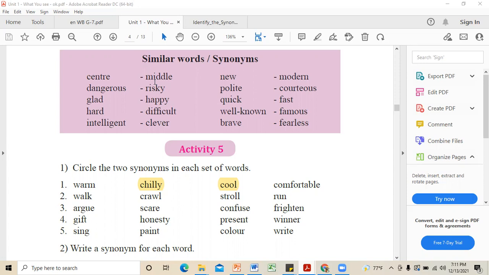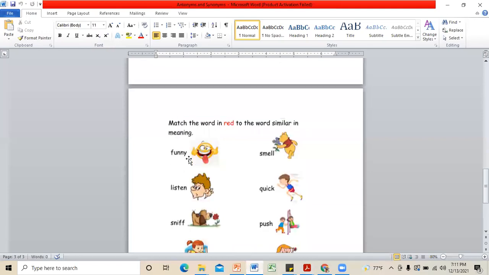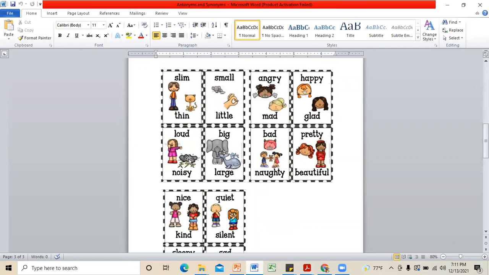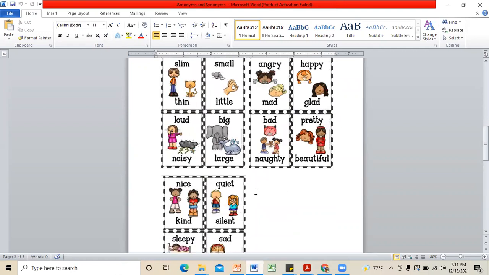I also showed you some examples from my content. So here we discussed a few easy similar words or synonyms, right?